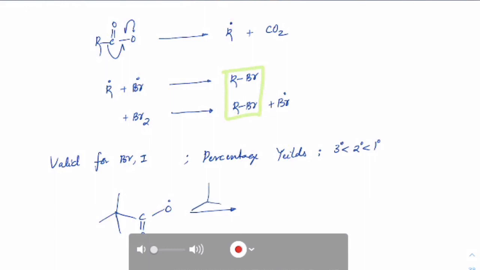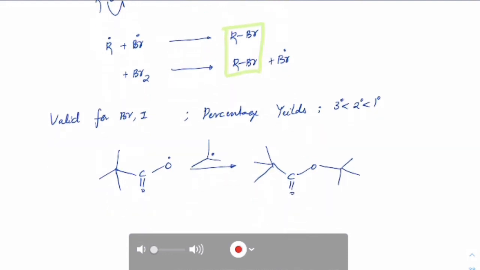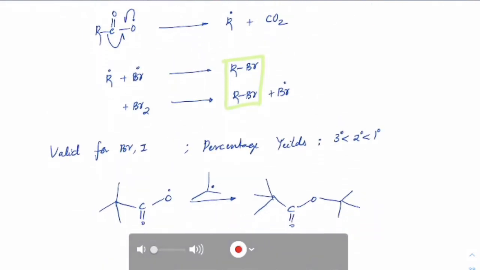So R dot would be this, no, sorry, dot will be here. So it will undergo disproportionation with that, and we'll get C double bond O, O, and this. So this type of disproportionation happens if it is second degree. 2 degree also it would happen to some extent. Primary, the yield would be better. It is not the rate, remember, it is about the yield. More yield would be coming from primary R groups.